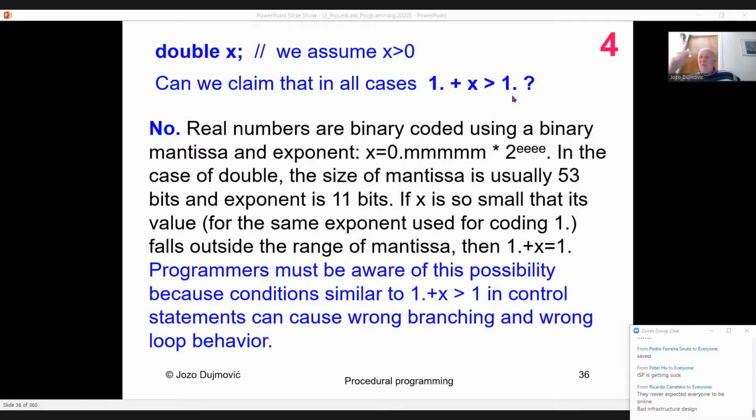So you can frequently have that 1 plus something remains unchanged, because this 1 is, for example, in standard precision, stored with 7 significant decimal digits. If you have something that is, for example, 10 to minus 9, that needs more digits, it cannot fit. And when you add these two things, it is the same as adding 1 plus 0.